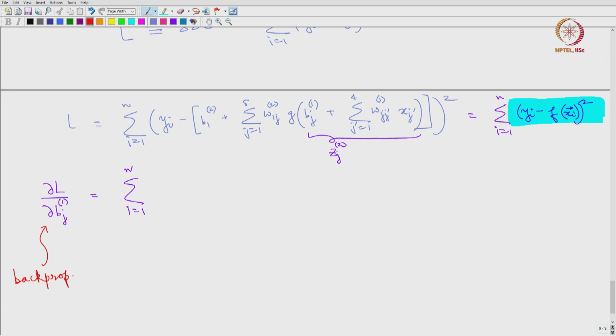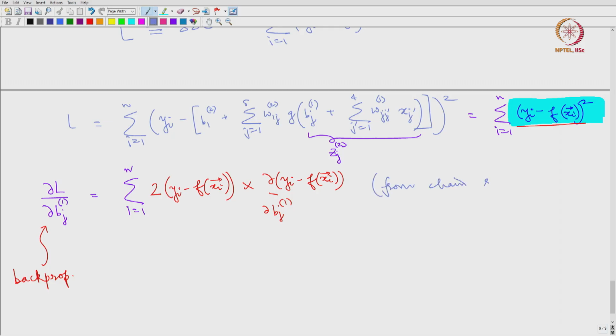So, the derivative of this whole function with respect to what is inside is basically 2 times (y_i minus f of x_i) times the derivative of y_i minus f of x_i with respect to del B_j1. Okay. So, this essentially is from the chain rule.